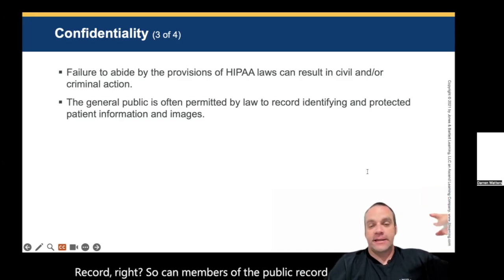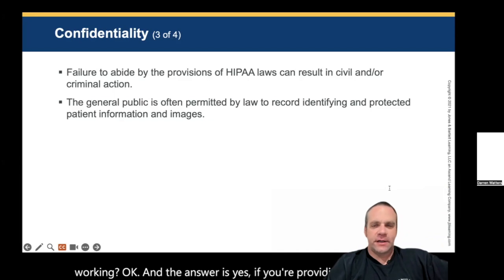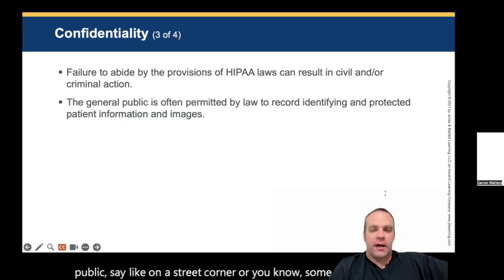And the answer is yes. If you're providing care in public, say on a street corner or some type of venue, the general public can legally record you, but you cannot record them.